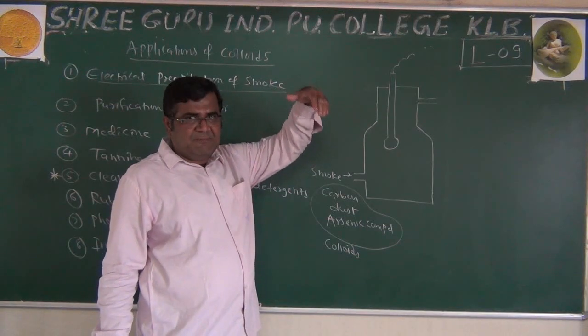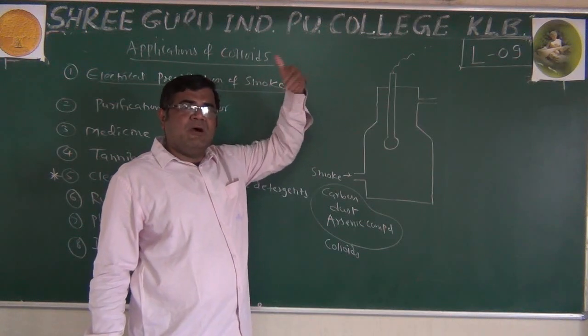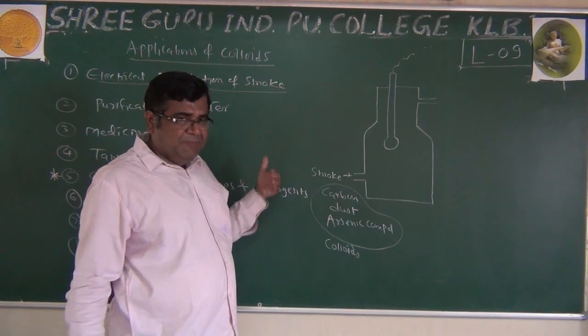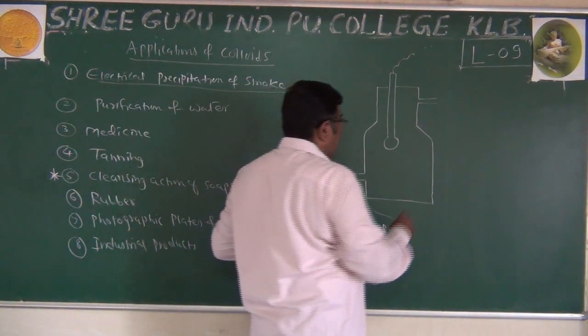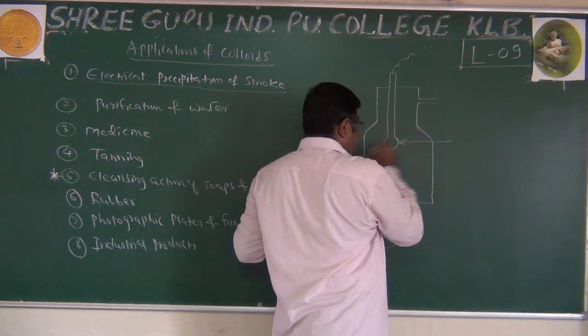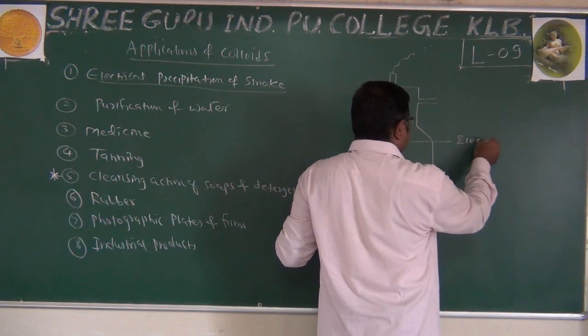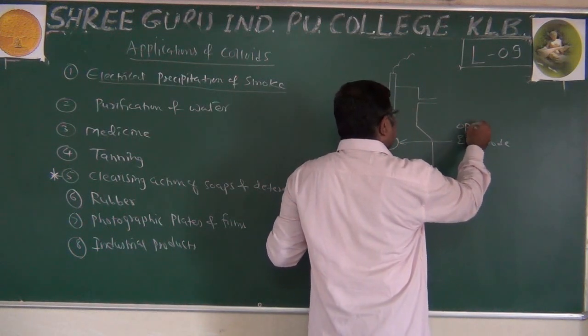Chimney means that part from which smoke in large industries comes out, the exhaust pipe is called a chimney. It is passed into this chamber. This is the electrode, we can say an oppositely charged electrode.